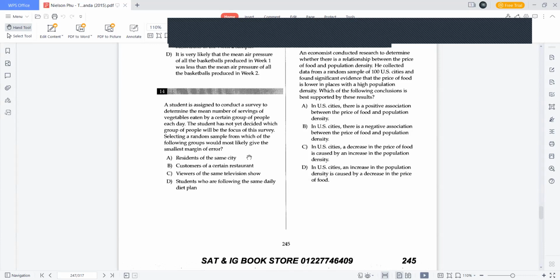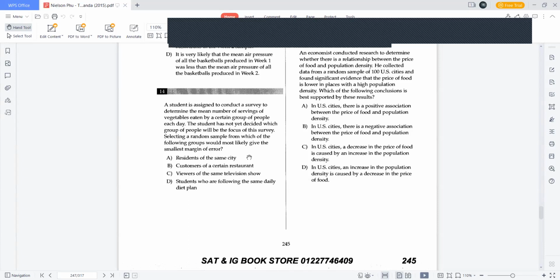Students who follow the same diet plan, that's really hard to gauge because people have different tastes. Viewers of the same TV show, remember TV shows go by things like worldwide or citywide, so it's the largest possible number. So which one would give the smallest margin of error? Choice C. Largest. Yes, sir.